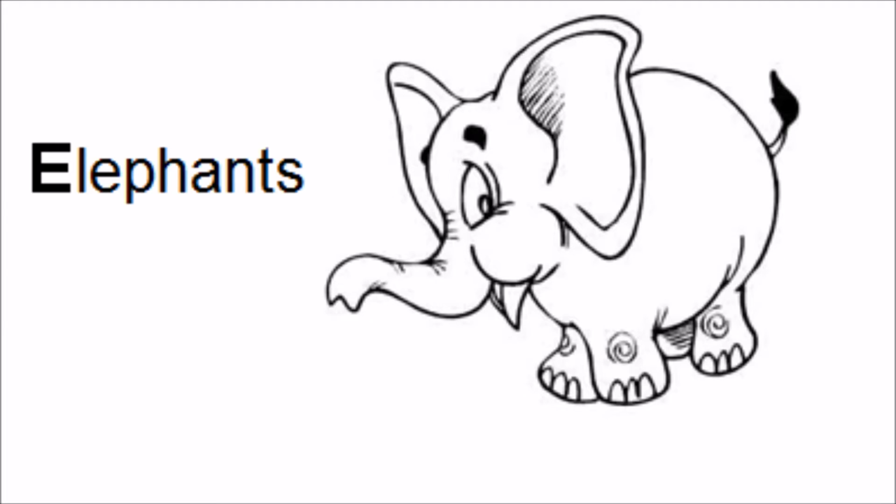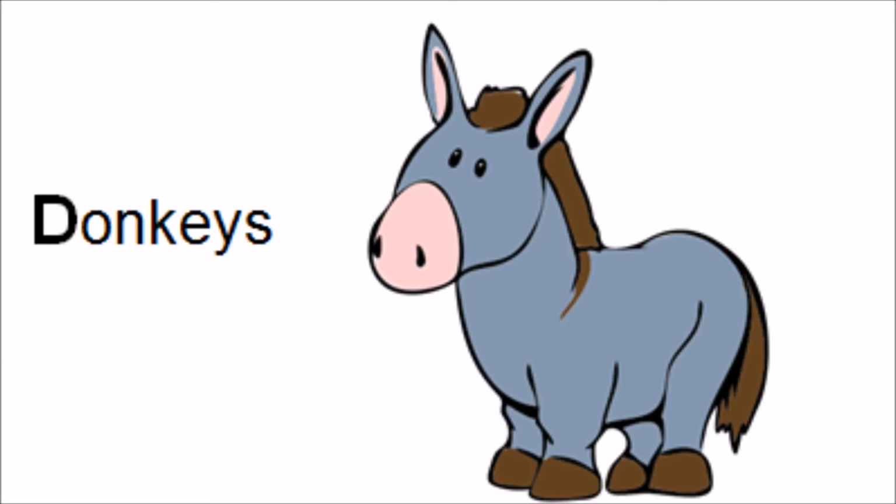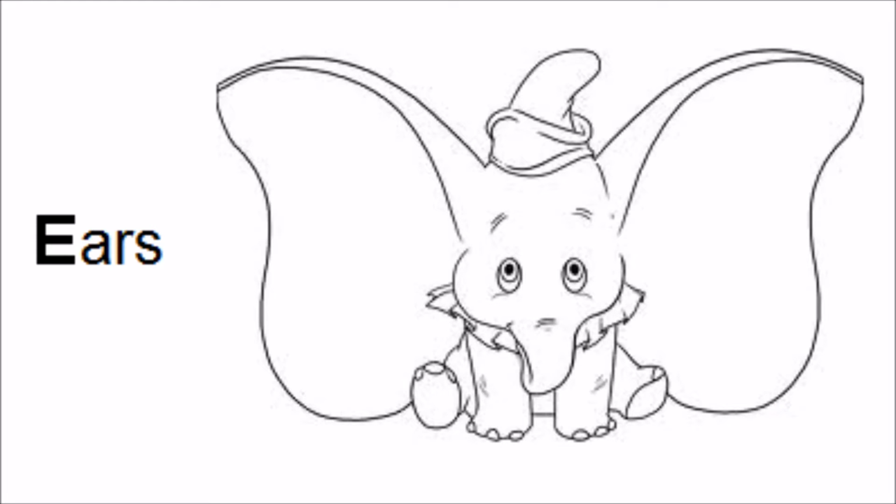Then B. B for big. And the last one is also called E. E for ears. It's easy to remember the names if you remember this sentence. Elephants and donkeys grow big ears.